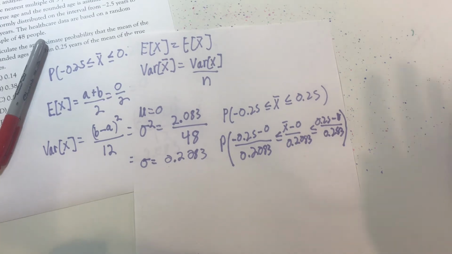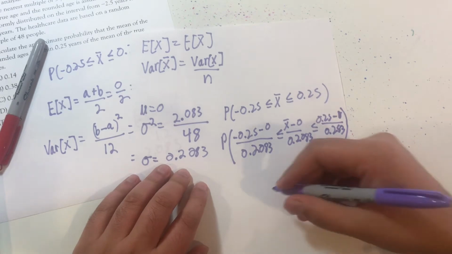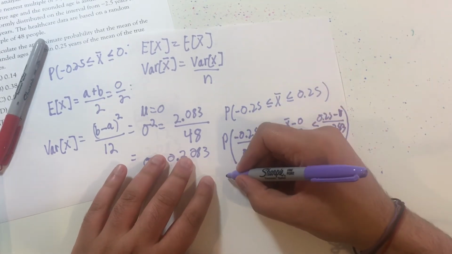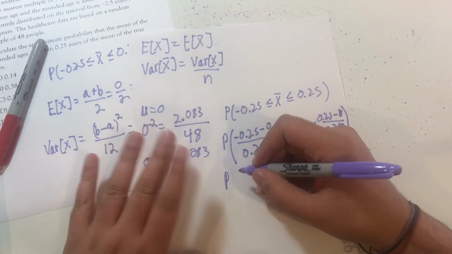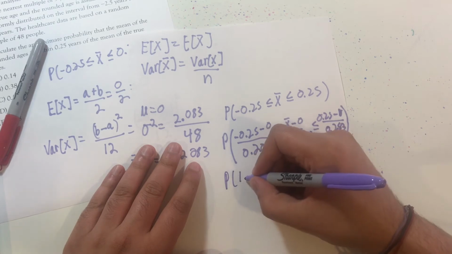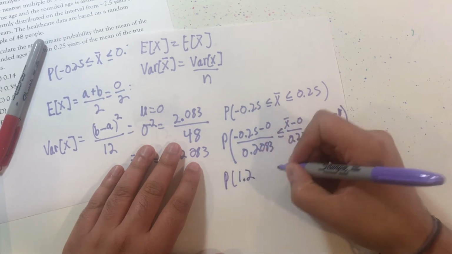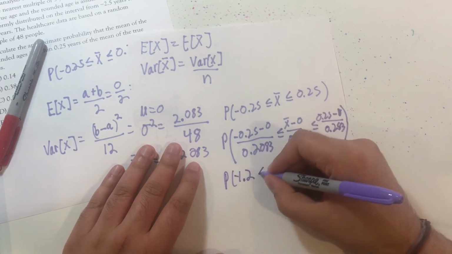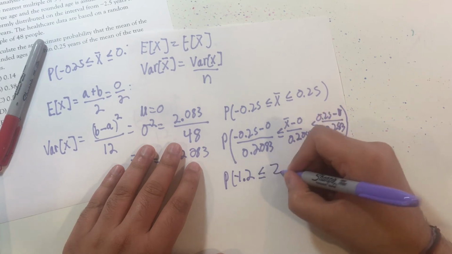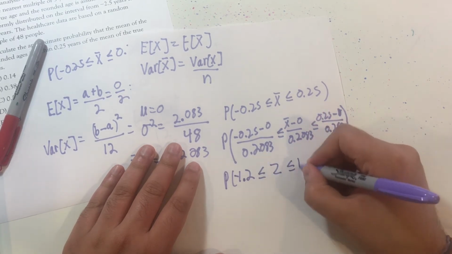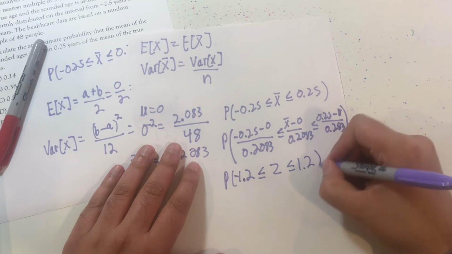Oh, 1.999 repeating. So I'm going to round that to 1.2. Round to 2 decimal places when you're dealing with using your normal table. So negative 1.2 less than or equal to my z value less than or equal to positive 1.2.